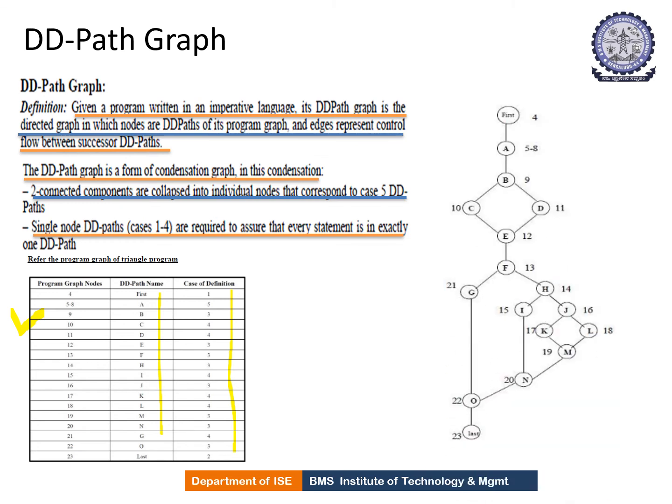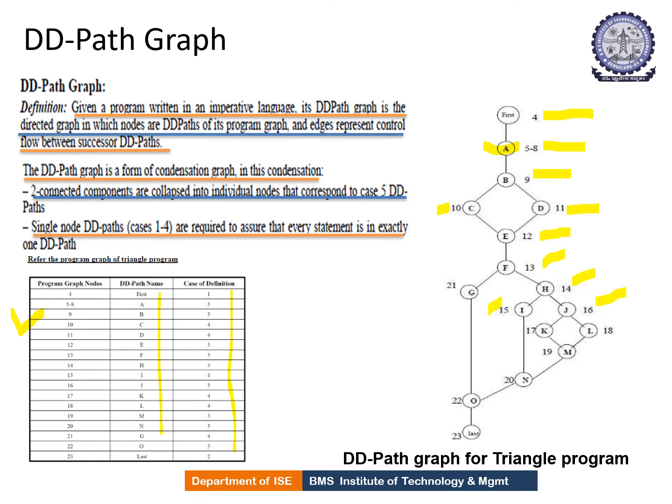So this is the condensation graph, which we call the DD path graph, for a triangle program. You can see that nodes 5 to 8 have been condensed and made into A. Similarly 9, 10, 11, 12, 13, 14, 15, 16, 17, 18, 19, 20, 21, 22, 23.